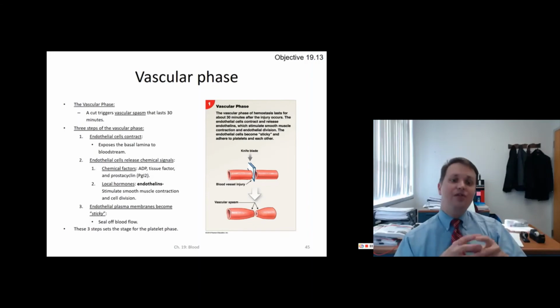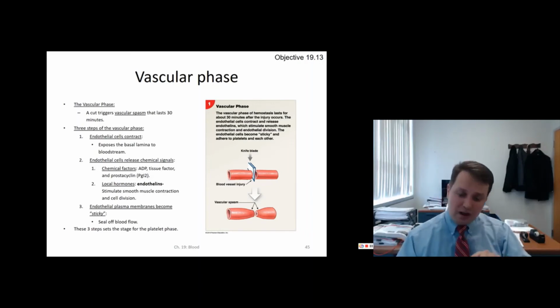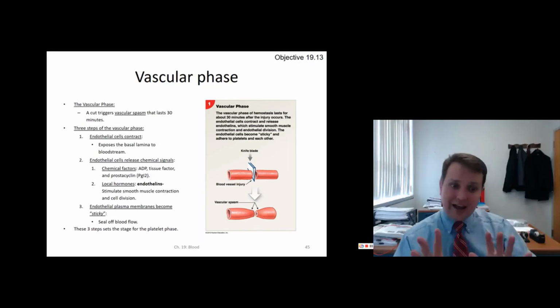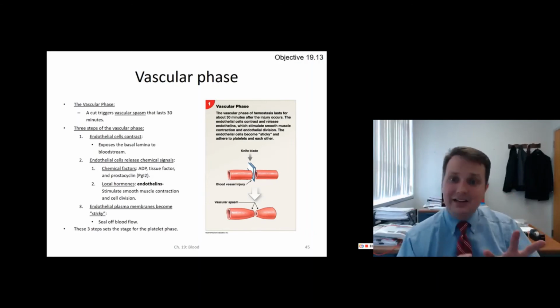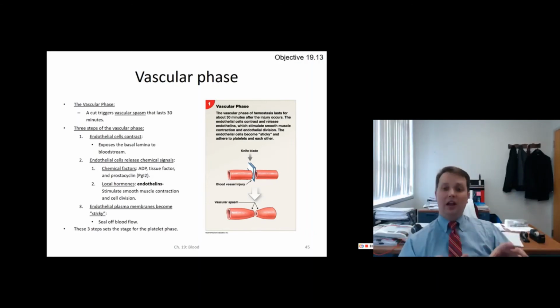And then the endothelins will cause the muscles to contract, maintaining that vascular spasm, and cause cell division to start to make it want to heal. And lastly, the endothelial cells get sticky. That helps seal blood flow, but it's going to get sticky for another reason. Now, this stickiness, I'm going to say, allows platelets to adhere to it.